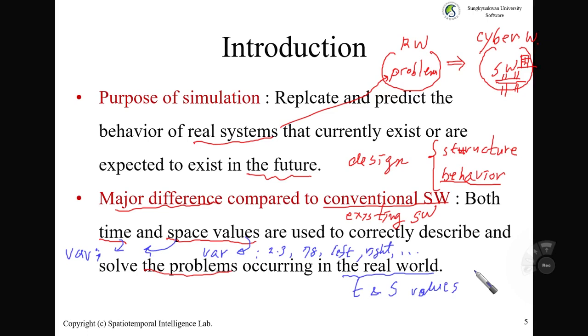Wake up at what time? And leave home for school by what time? And your first class starts at what time and it ends when? And when second class starts, and so on. So in order to have a meaningful schedule, there must be time plus space values.